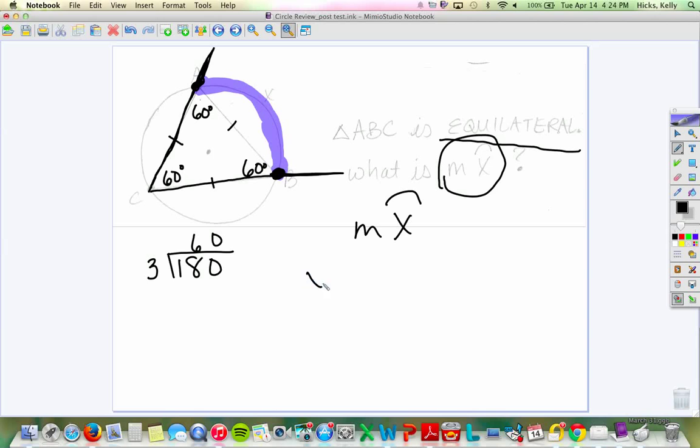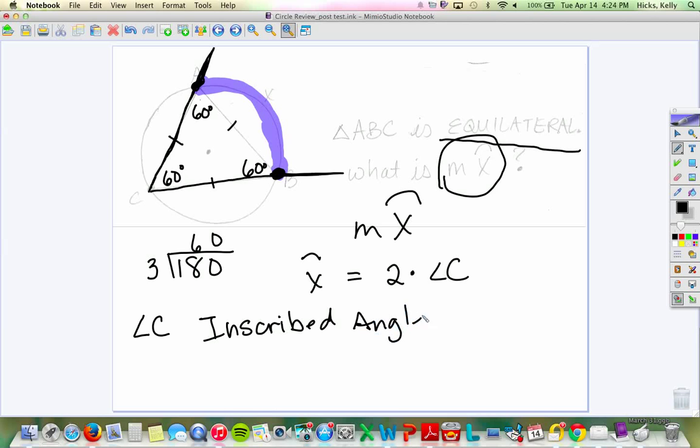So that means arc X is going to be 2 times angle C. I don't like how I wrote that there. Let me change that. All right, angle C is an inscribed angle. We know that because it has its vertex on the circle.